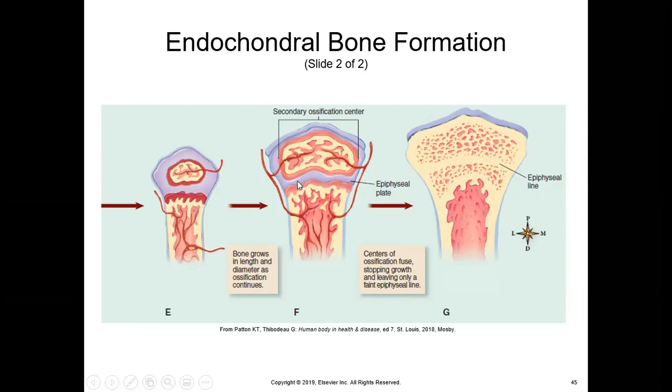The calcified cartilage becomes calcified bone. So the epiphyseal plate is where the cartilage is dividing to get more and more cartilage, so it can grow longer and longer.